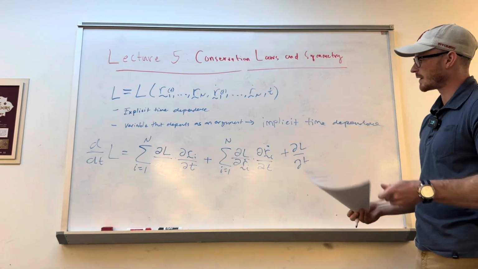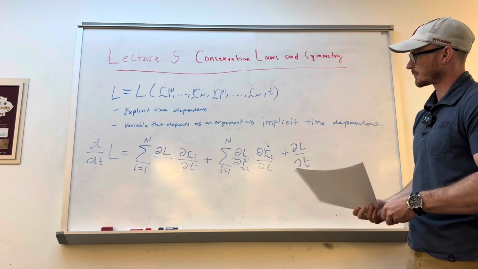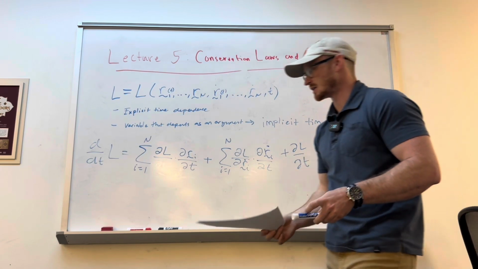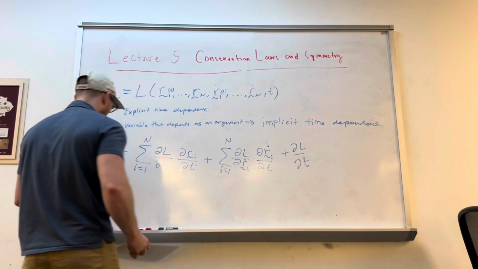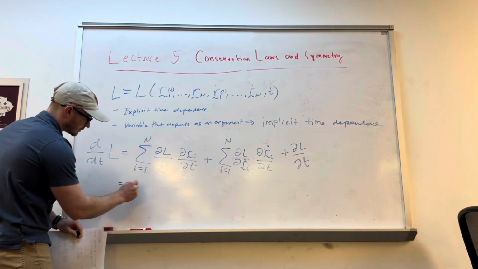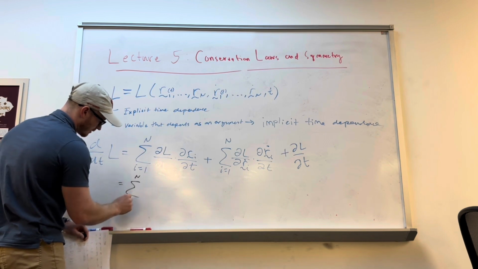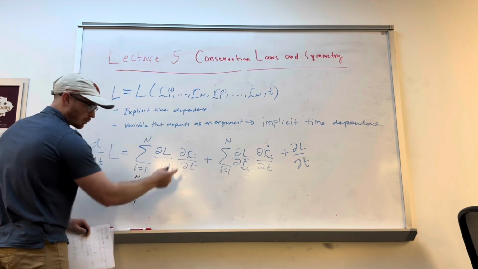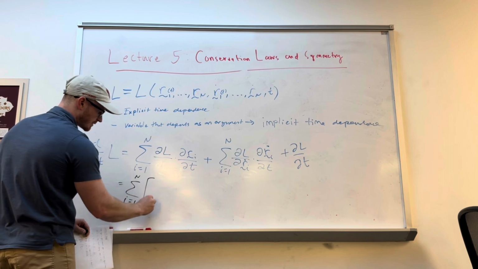Well, let's simplify this a little bit, because for instance, we know partial r partial t is the velocity, or ri dot, right? So let's rewrite this now as being equal to the sum, i equals 1 to n. And we'll combine the terms here because this is over the same summation.